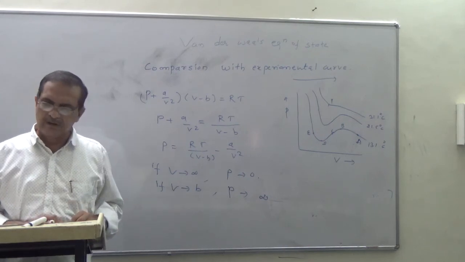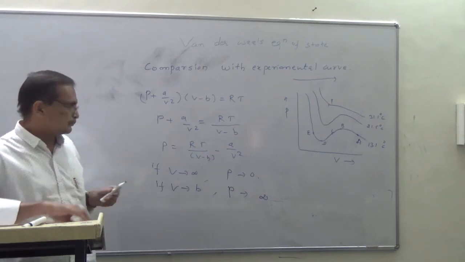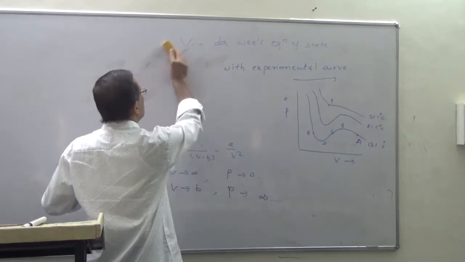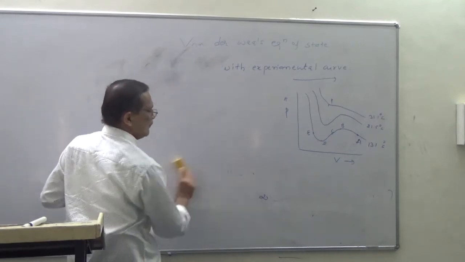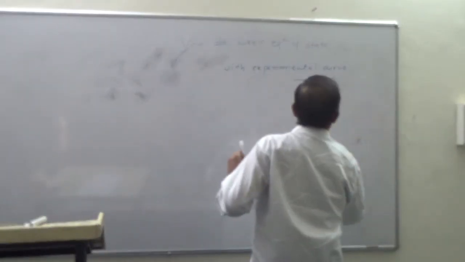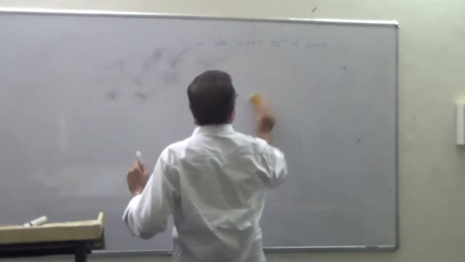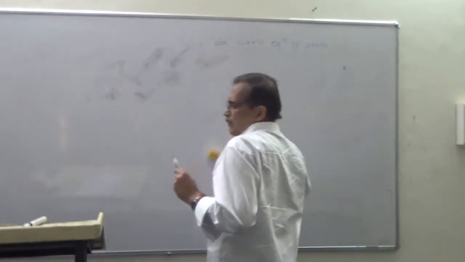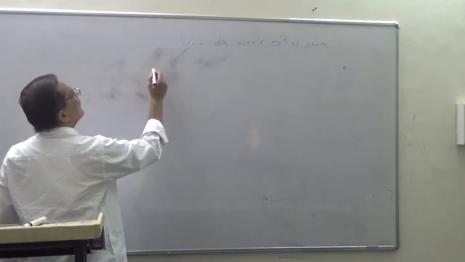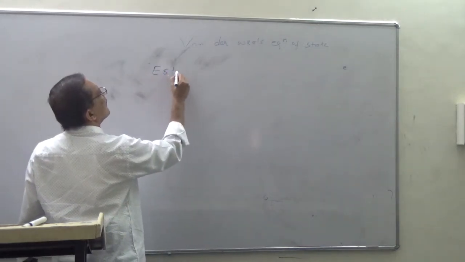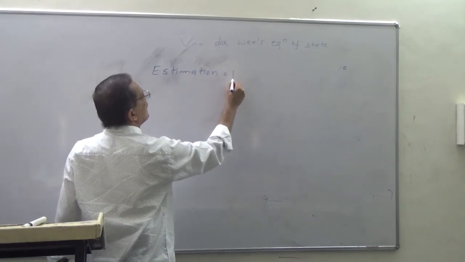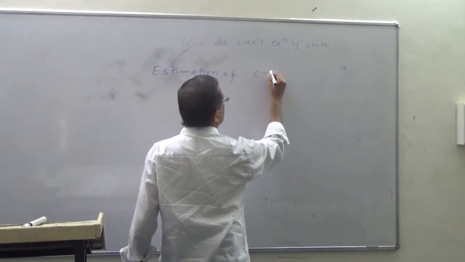Now next, we have to find the values of the van der Waals constants a and b. This is the estimation of critical constants.